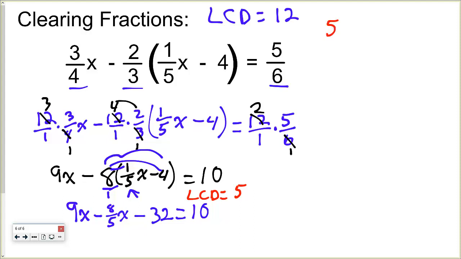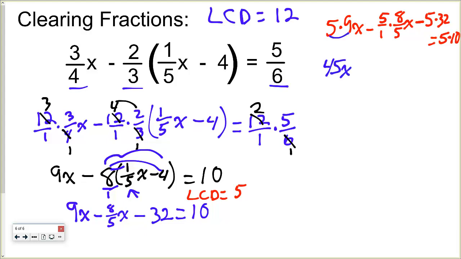So 5 times 9x minus 5 over 1 times 8 over 5x minus 5 times 32, and running out of space here, and the other side is just going to be 5 times 10.